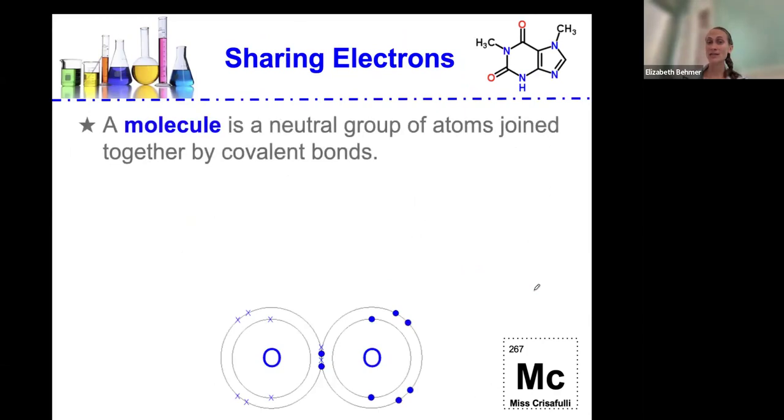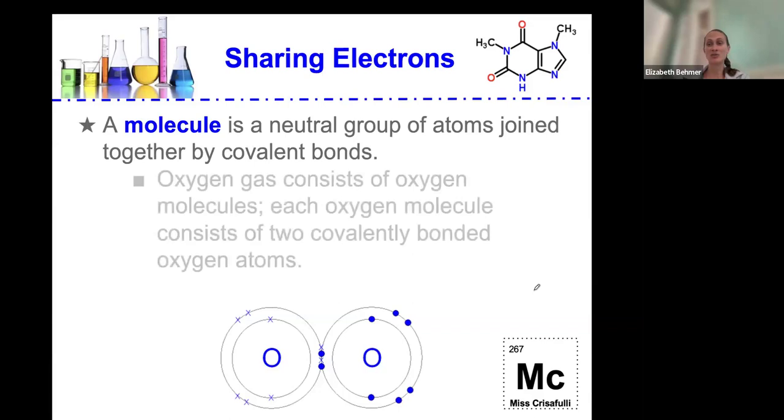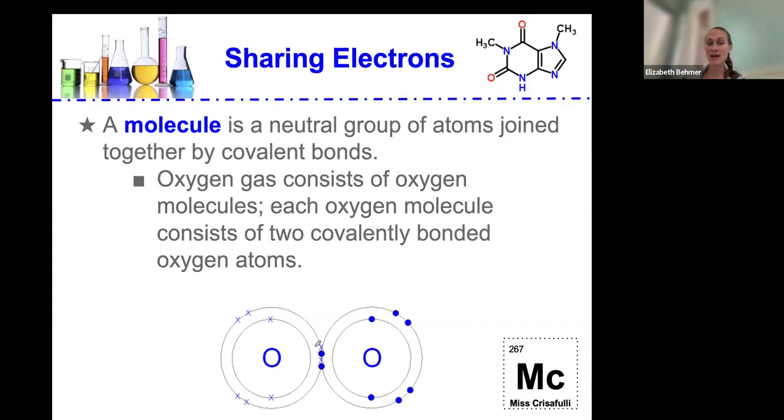A molecule is a neutral group of atoms joined together by these covalent bonds, which are formed when we share electrons between those atoms. Oxygen gas consists of oxygen molecules, where each oxygen molecule consists of two covalently bonded oxygen atoms right there. Those are the two covalently bonded oxygen atoms.